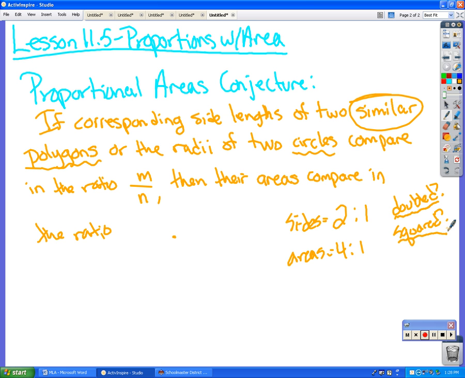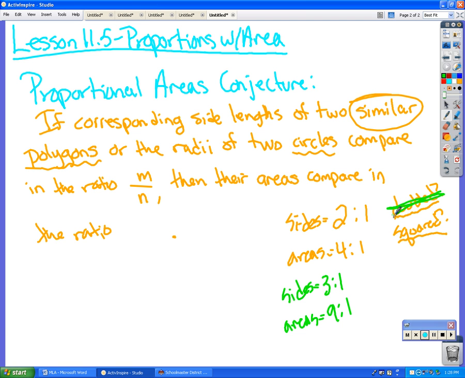Okay, so let's look at this other one, and this will help us decide it. For them, the ratio of their sides was 3 to 1, and the ratio of the areas was 9 to 1. So is it that the area is doubled or the area is squared? Squared. It's squared because that's the only one that fits for both of these cases. 2 squared is 4, 3 squared is 9.